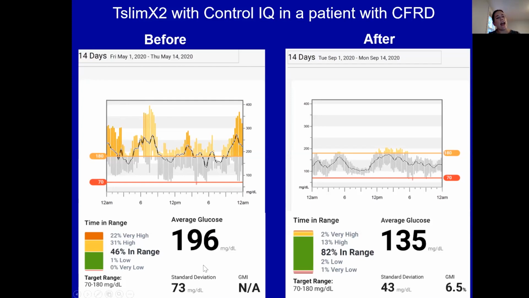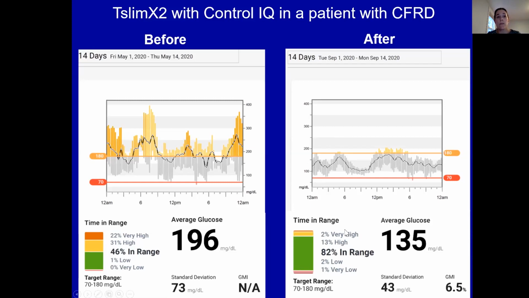And you can see that the average blood sugar was 196, a lot of time in the orange and yellow here, above range. He was only 46% of the time in our target range for managing his diabetes. And then we switched from injections to the t:slim X2 with Control-IQ, so the hybrid closed loop system. And then this is what his report looks like after. So as you can see, his blood sugar now is really within range almost all day.